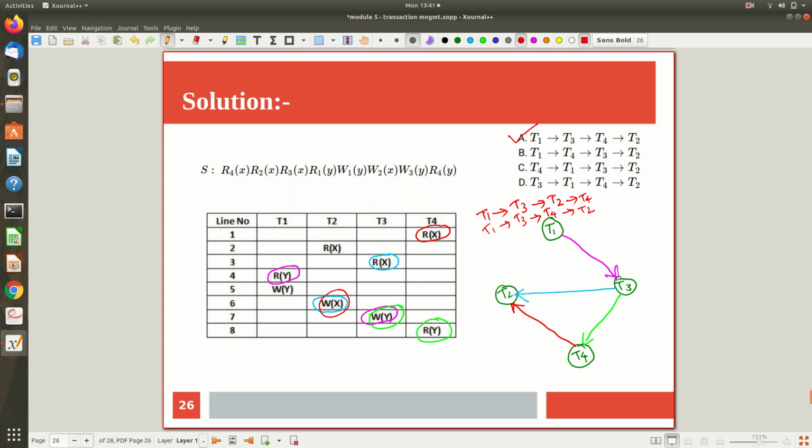Now what we are actually doing is something which you might be familiar with. The way we listed these transactions is something called topological sorting.